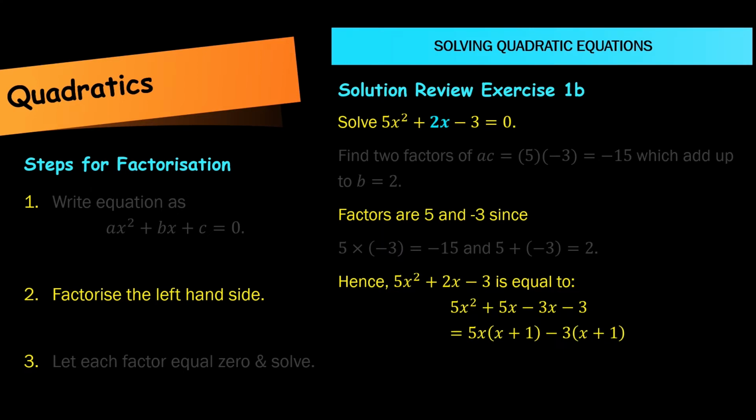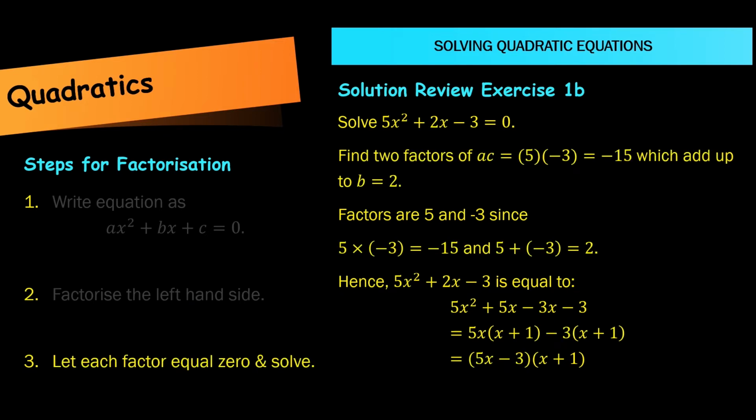And then factorising the two parts of this expression gives us 5x times x plus 1 minus 3 times x plus 1. And of course we can factor out the x plus 1 as shown here, and 5x minus 3 goes here.